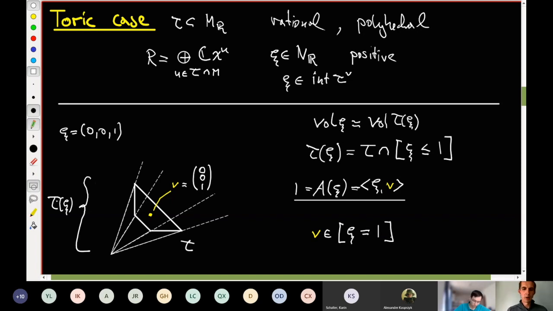This is now our normalizing condition for xi. Okay, so if we're now trying to choose a xi which minimizes our volume, what does it mean in our picture? Changing psi means we are going to change the hyperplane which we use to truncate our cone.